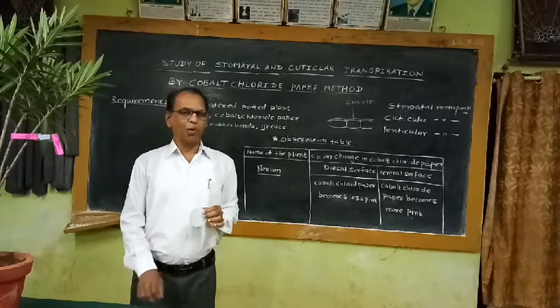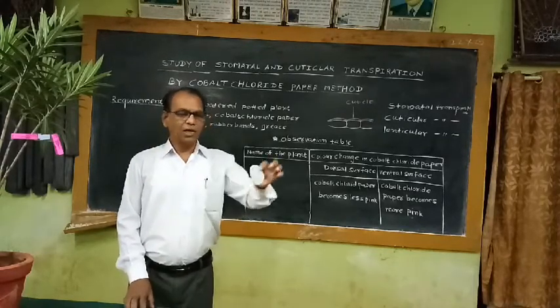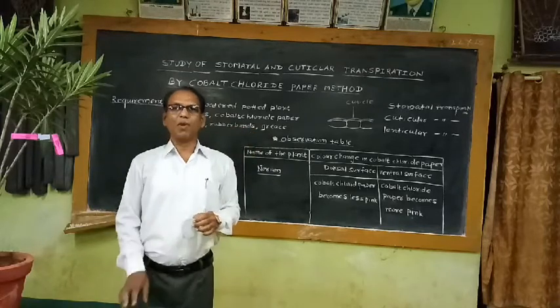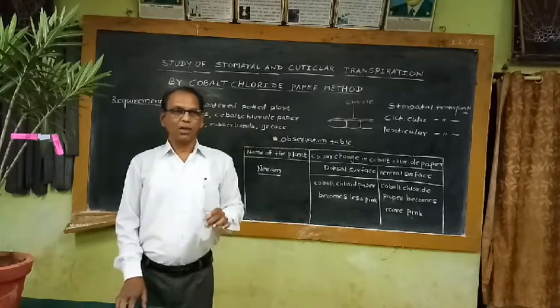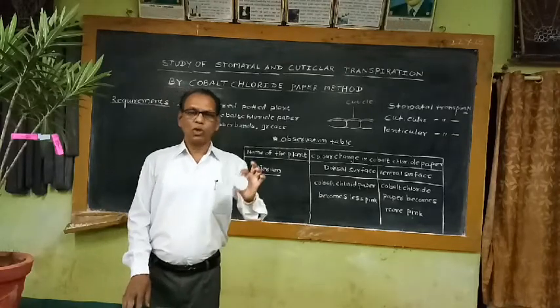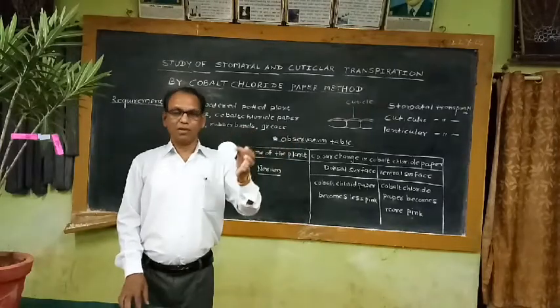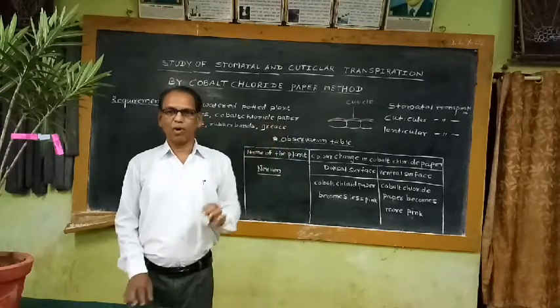We should prepare a 3 to 5% cobalt chloride solution and dip the paper in it. Then keep this paper in an oven for drying. After drying, we get such kind of paper. This paper is known as cobalt chloride paper.